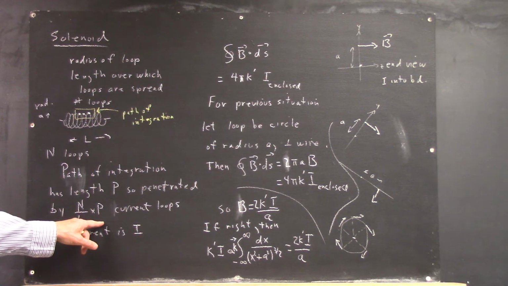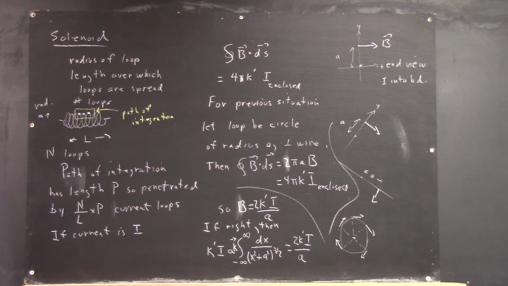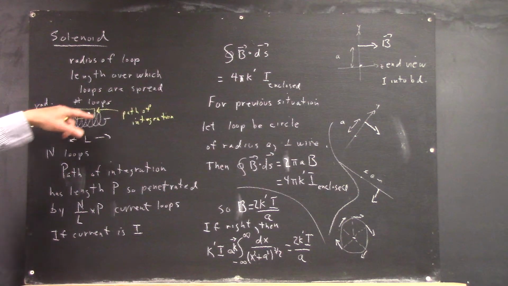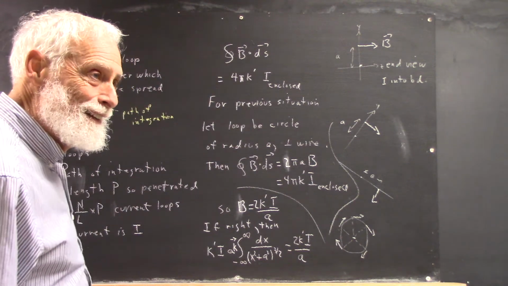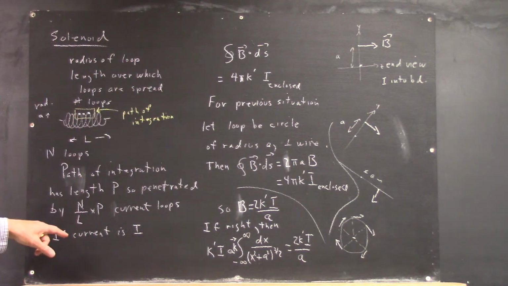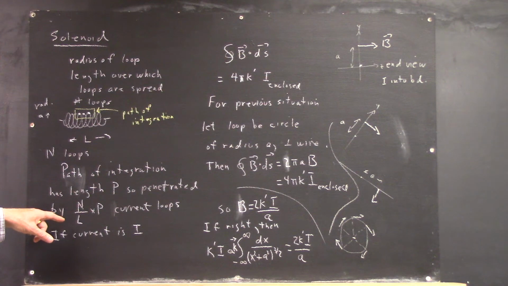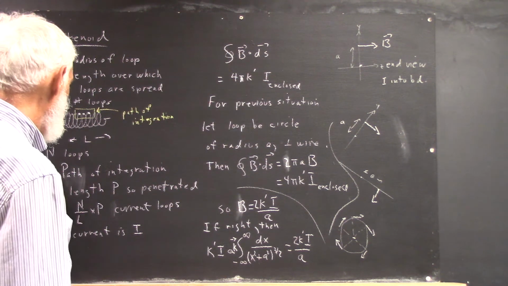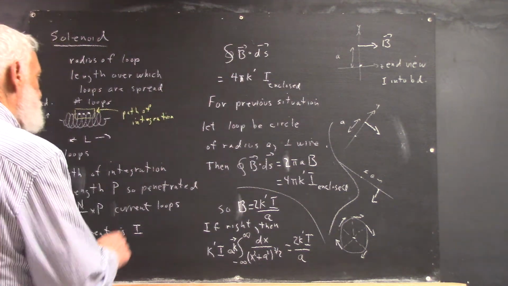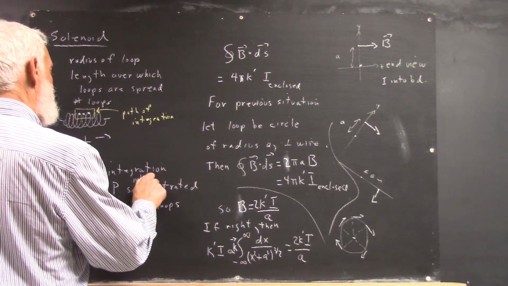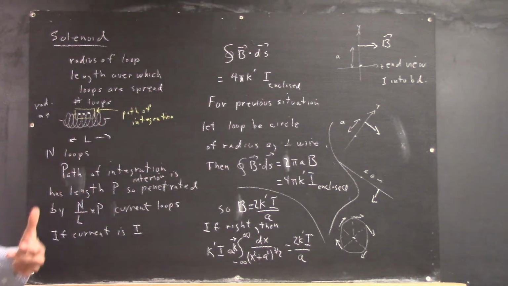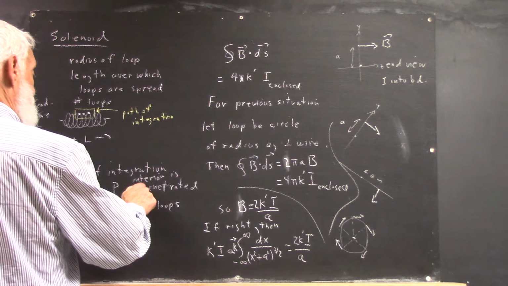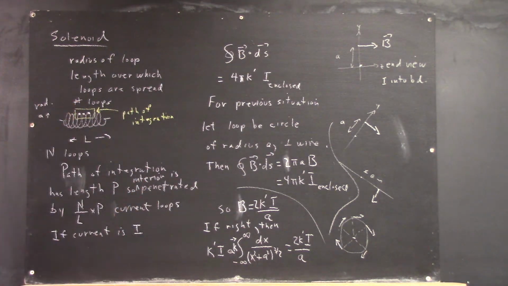You have this many loops penetrating the region bounded by the path. I think I said the wrong word there and you're looking confused. Okay. How many? I say the path of integration has length P, so it's interior. In other words, the region bounded by the path, okay? And that would be this rectangular region here.